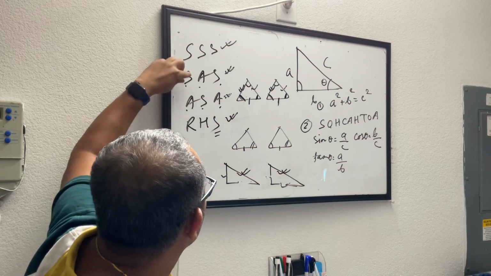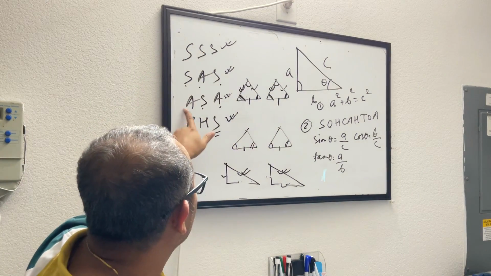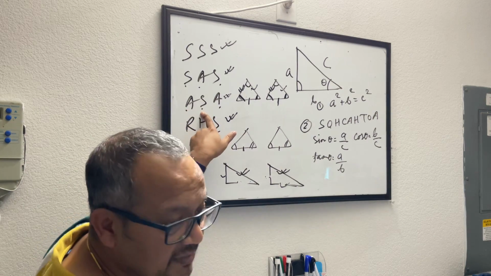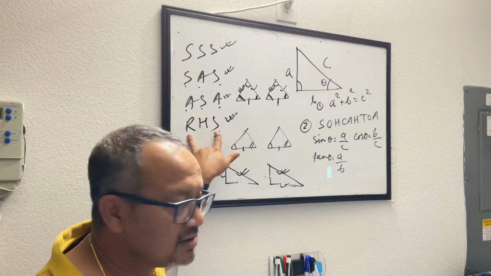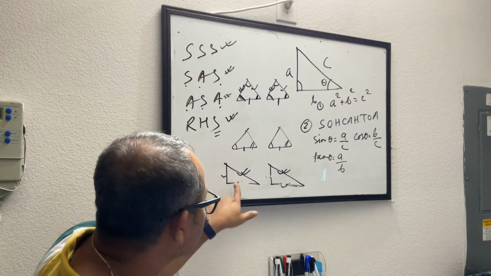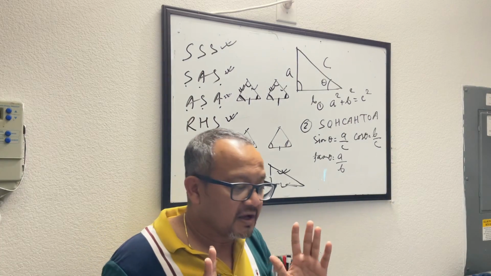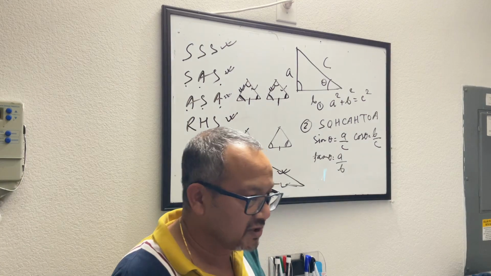If there are two triangles where two sides and the angle between them matches, they are congruent. Two angles and the side between them matching between the two triangles, they are congruent. And this one is specific to right angle triangles, where if there are two right angle triangles and the hypotenuse matches and one of the side matches, they are congruent. This is just a prelude to what we are going to learn in the class today.